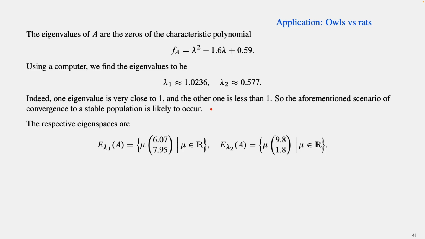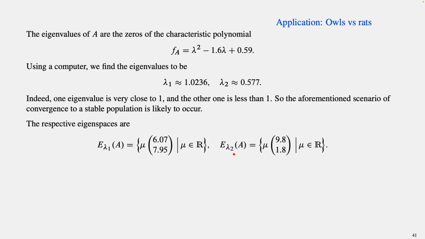The respective eigenspaces for these eigenvalues are given as follows. Again, use a computer to get that. So for the eigenvalue lambda 1, which is very close to 1, we get as an eigenspace the multiples of the vector with entries 6.07 and 7.95.